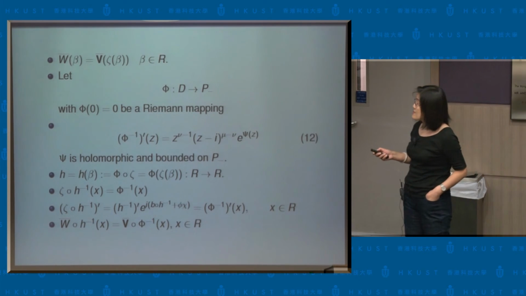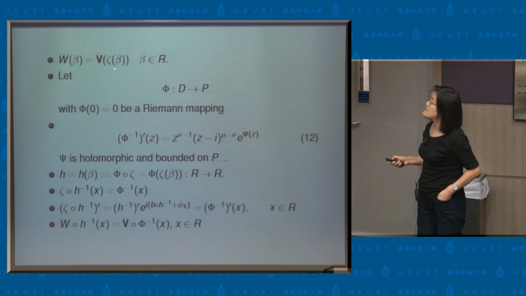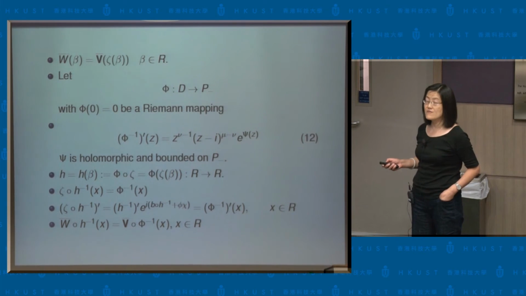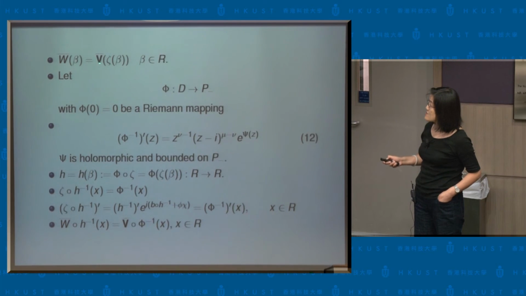So we solve the equation using complex analysis because we're dealing with potential flow. It is holomorphic, right? The velocity field is anti-holomorphic. So we will write down the boundary value of the velocity field. And we use a Riemann mapping, a conformal mapping, taking the fluid domain into the lower half plane.